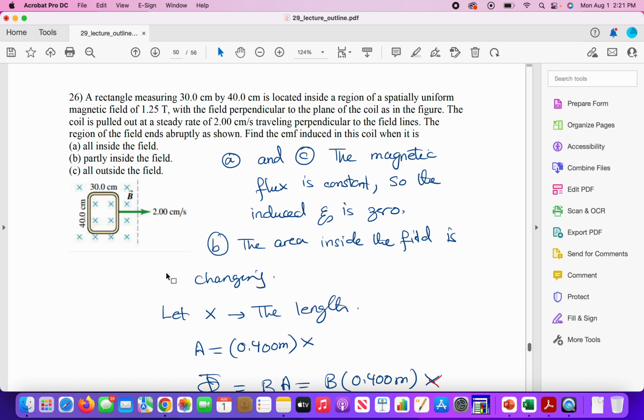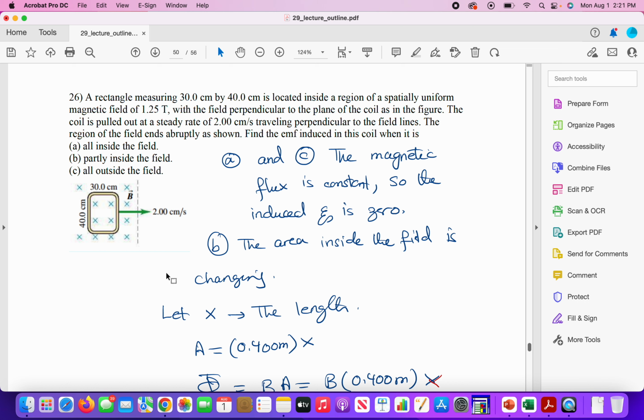The coil is pulled out at a steady rate, this is the speed or velocity, of 2 centimeters per second, traveling perpendicular to the field lines. The region of the field ends as shown. Find the EMF induced in the coil when it is all inside the field, partially inside the field, and all outside the field.